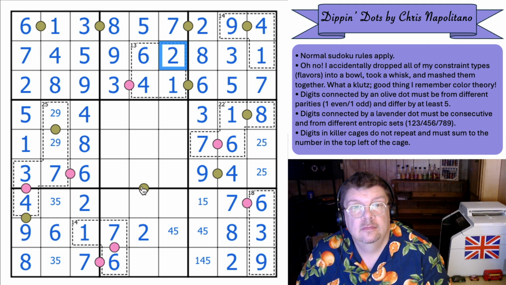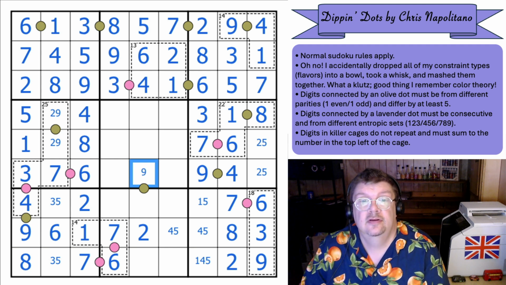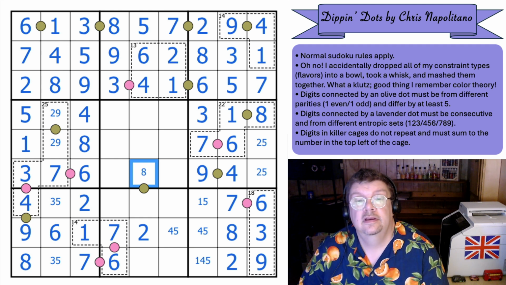Best place to look. Maybe it's here now. Okay. This digit sees 6, 7, and 9. So if it's a high digit, it's an 8. If it's a low digit, it's a 1.